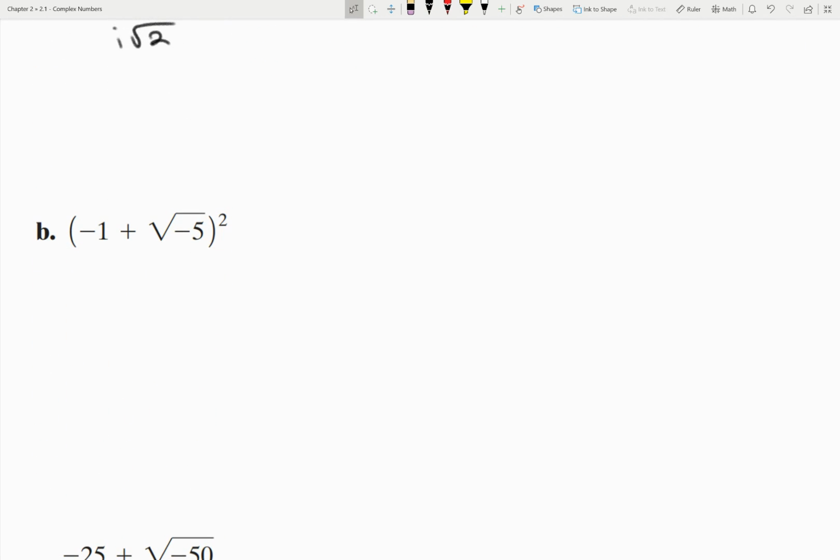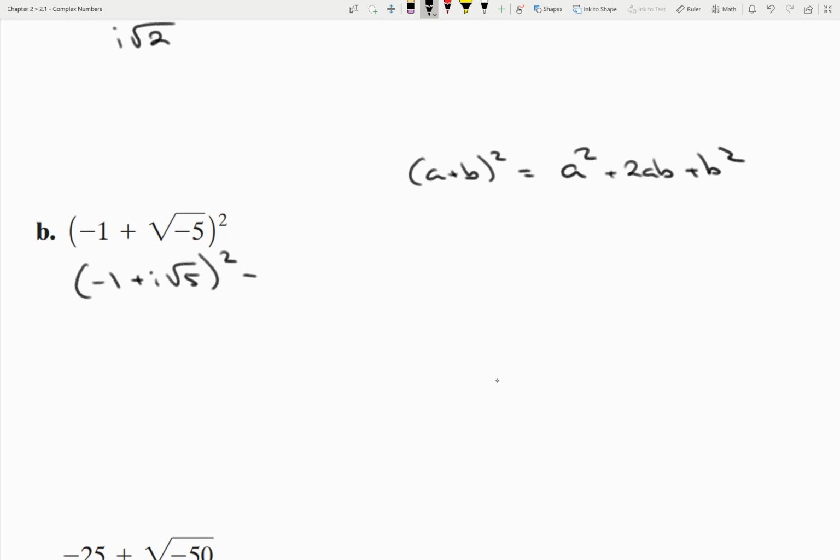For part B, remember that when you square a binomial, you get a middle term. Hopefully everybody remembers that, okay? But the first thing you have to do before you even do anything is make it in terms of i.